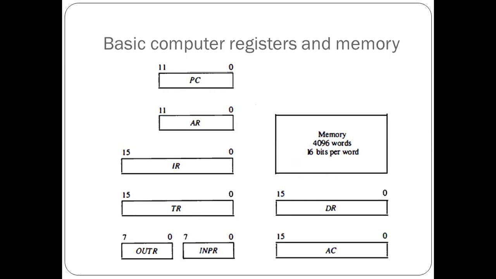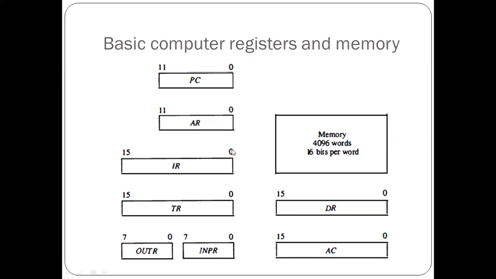Now you have to provide the communication between all these registers, including the memory. Whenever you want to establish the communication, you have to provide paths to transfer information from one register to another or between memory and registers. So there will be a number of wires. If you want to transfer 12-bit information available in IR to the address register, I require 12 lines.